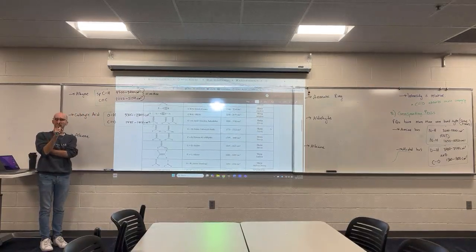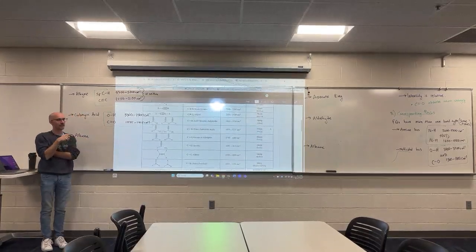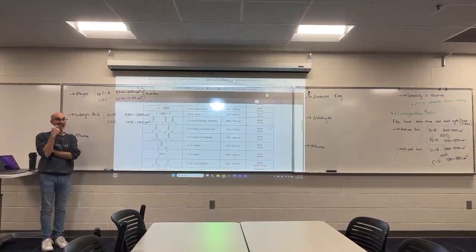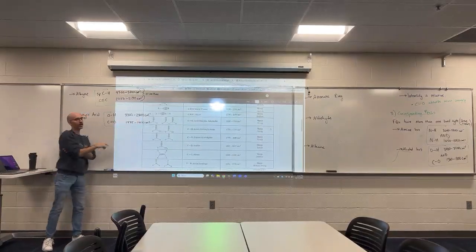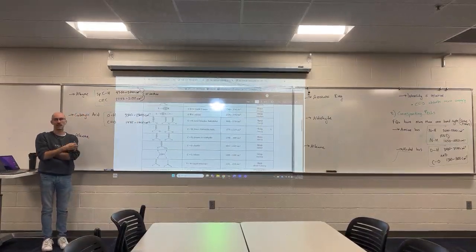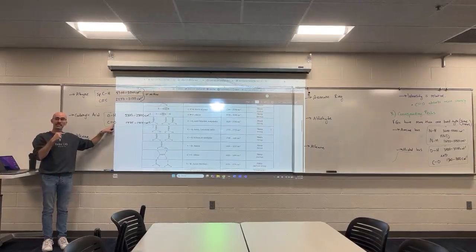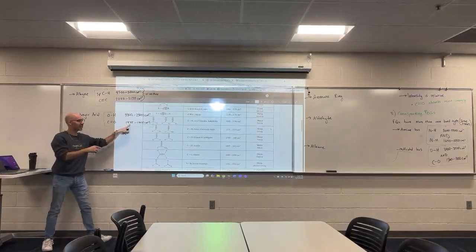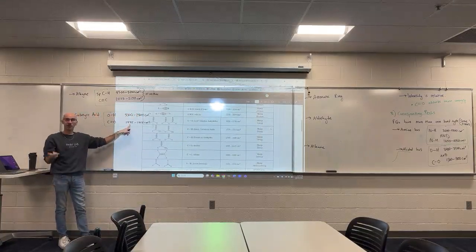If I have a signal between 1775 and 1715, and I also have a signal that is very broad, 3300 to 2800, then I can say with certainty the CO double bond in this range is not an ester, it's a carboxylic acid.